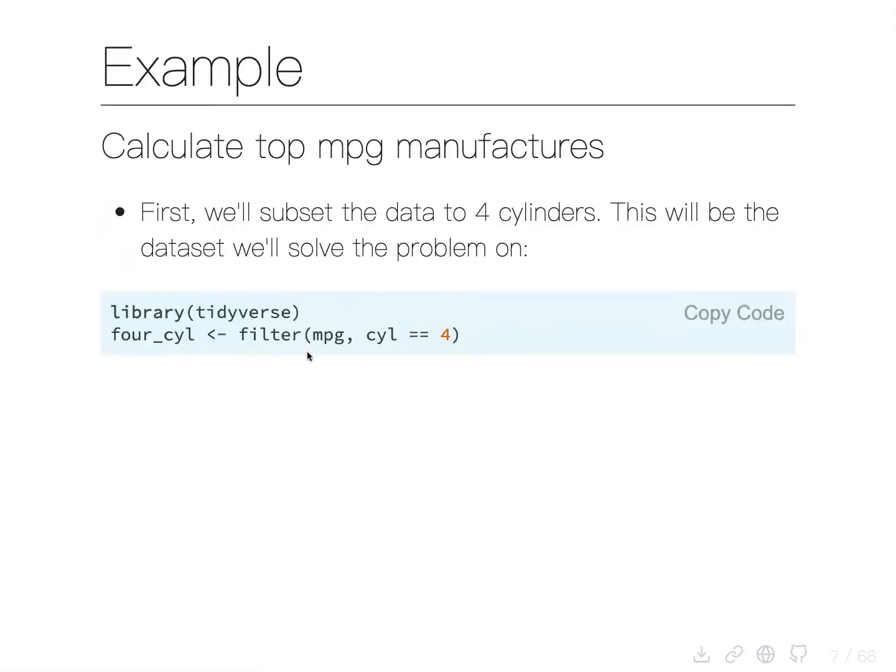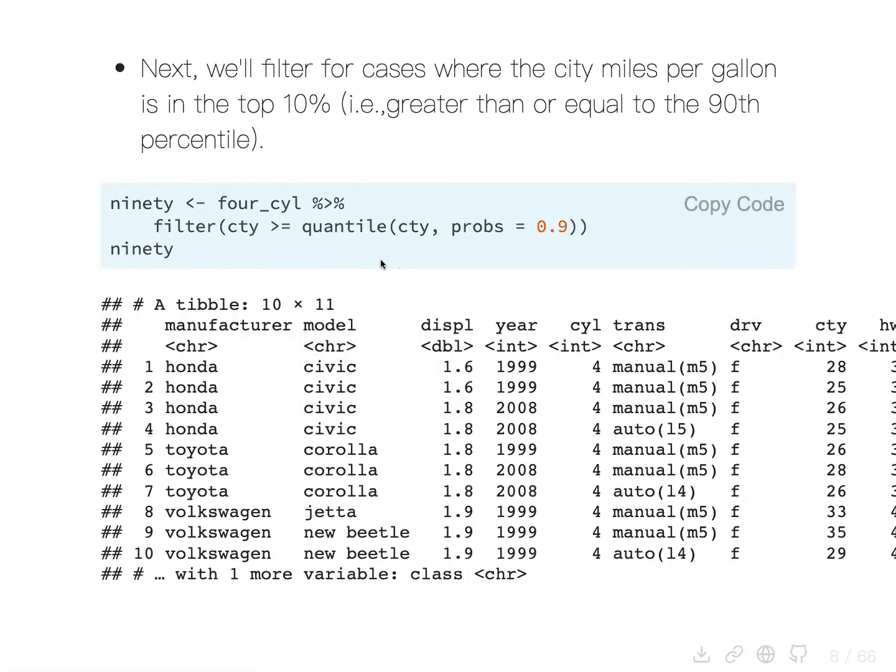And this is the 90th percentile for 4-cylinder cars, because I have the 4-cylinder data set being passed in here, right? I'm saying, give me the 90th percentile for city miles per gallon for 4-cylinder cars. And then I'm saying subset it to where city is greater than or equal to whatever value that is for the 90th percentile. Okay, so what I get back in this case is just 10 cars.